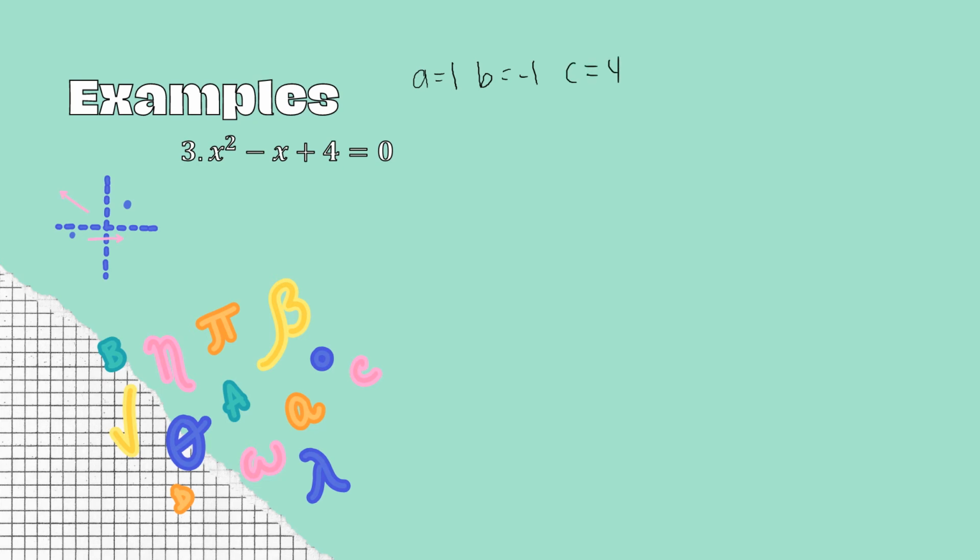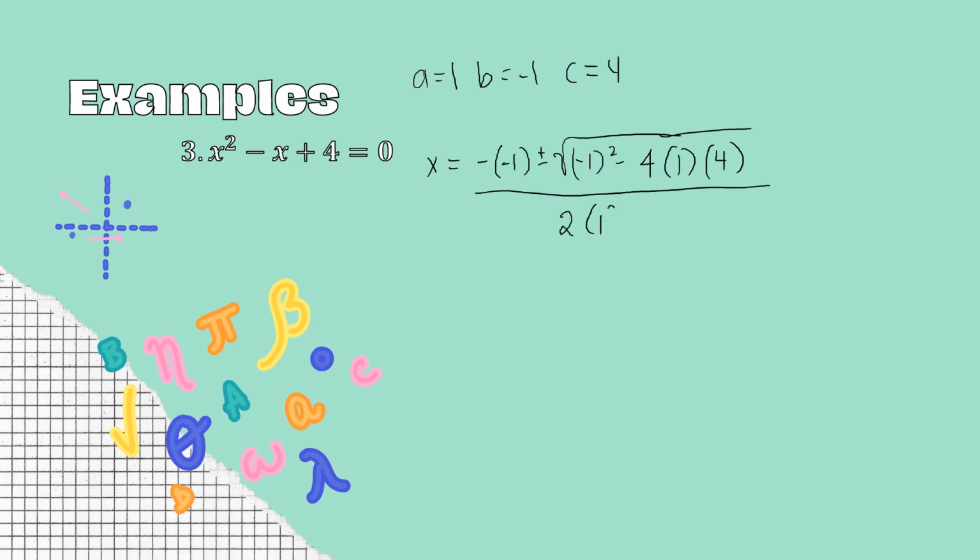So we have x is equal to negative 1 plus minus square root of negative 1 squared minus 4 times A, which is 1, times C, which is 4, all over 2 times A. So that's 1 plus minus square root of 1 minus 4 times 4, 16, all over 2. So you have 1 plus minus square root of negative 15 over 2.